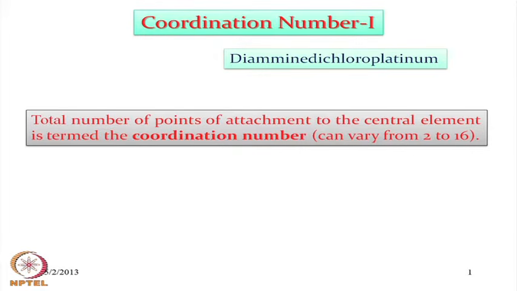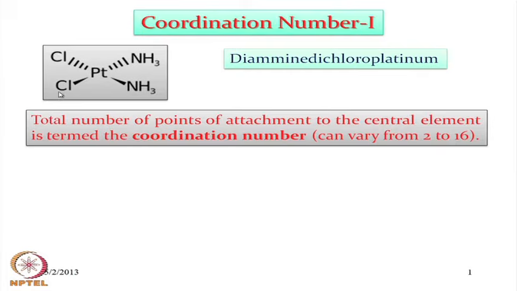So, what we have just seen during the IUPAC nomenclature of some compounds, we have encountered the corresponding medicinal coordination complex, which can be used as a very good medicine, which is diamminedichloroplatinum. And this diamminedichloroplatinum immediately tells us the number of ligands giving the corresponding attachment to the platinum center. We have 2 amine ligands and 2 chloro ligands.